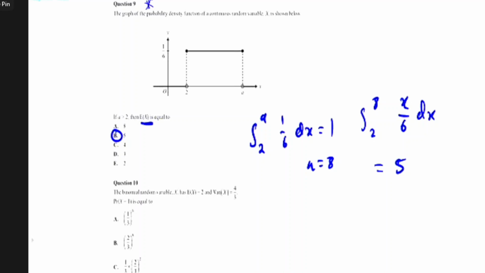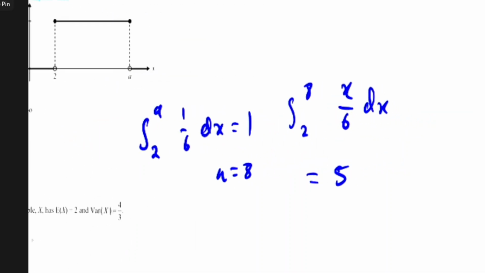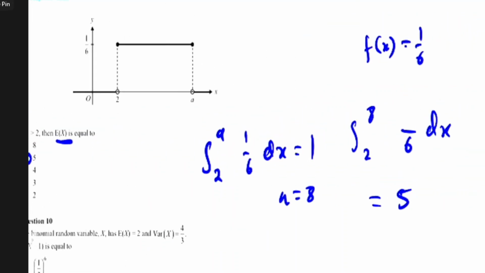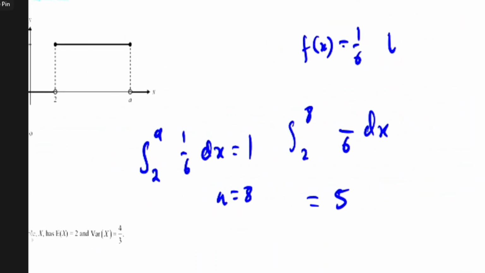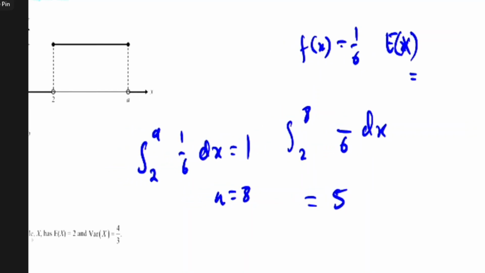I don't think they understood x divided by 6. You just straight away put x divided by 6. So basically what I did was, the function is equal to 1 divided by 6, because it's just a straight line. And when we want to find the expected value of x, E of x, it's equal to the integral from negative infinity to infinity of x times f of x dx.